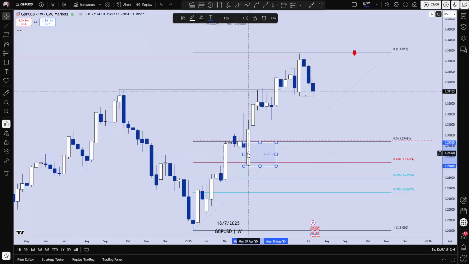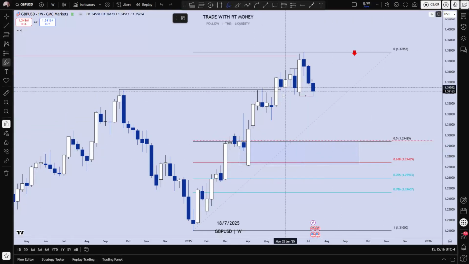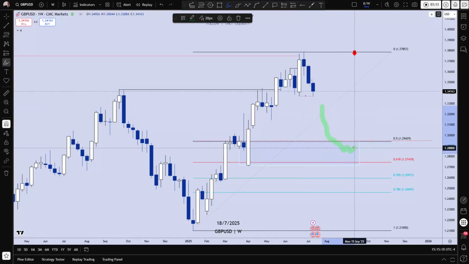It gapped open and pushed and closed that gap here, giving us a nice area of demand that, if price was to come here, would probably give us a high probability trade to the upside. This is going to be a significant area of support, in my opinion.